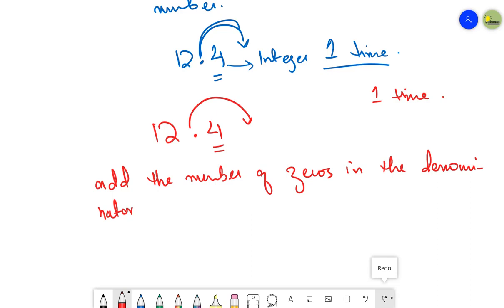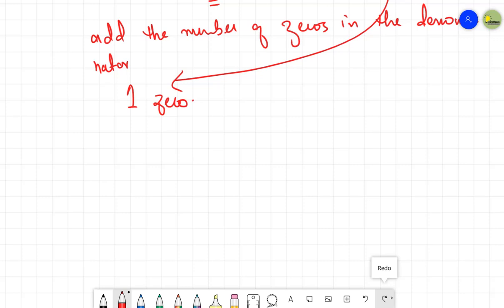You have to add the number of zeros in the denominator. How many times you are shifting the decimal? You are shifting the decimal one time, so you have to add one zero. The number of times you are shifting the decimal, you have to add that number of zeros in your denominator.